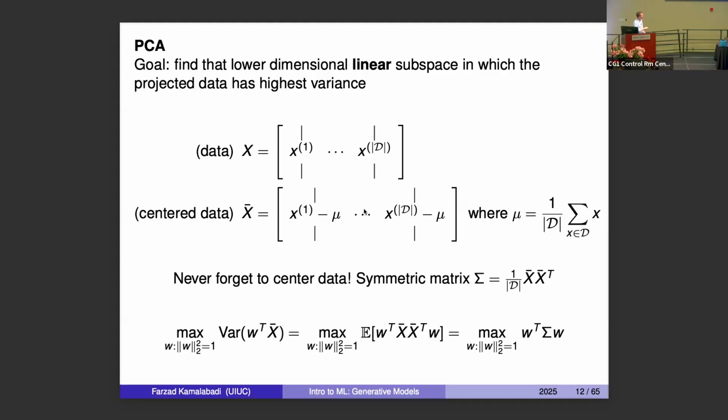You subtract that, and why do we subtract that, by the way? To remove the trends. Yes, to remove the trends that would unnecessarily complicate the transformation.